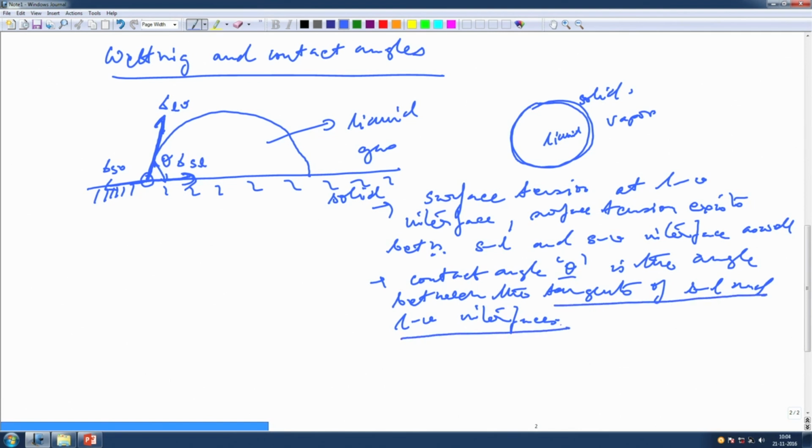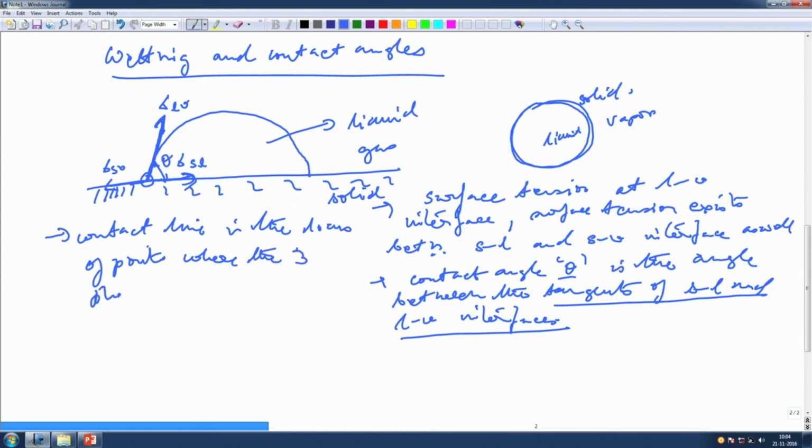So, the contact line is the locus of points where the 3 phases intersect.